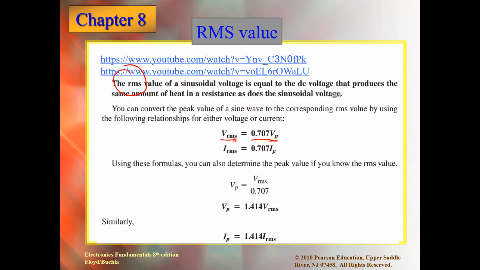The voltage and current formulas are the same, only the symbol changes. IRMS is 0.707 IP, the peak value of the current, and here you have VRMS with the peak value of the voltage. So this is the formula, and this value is 0.707.